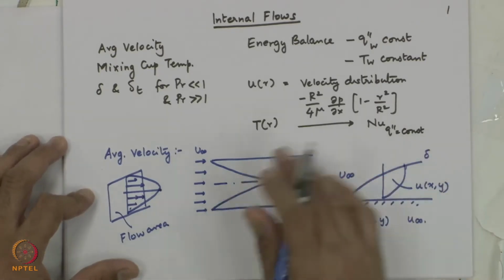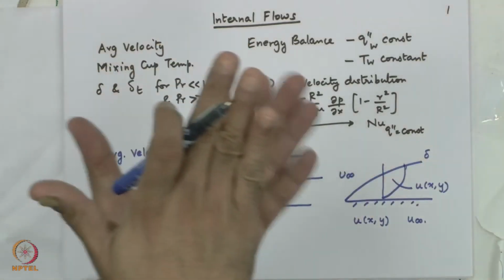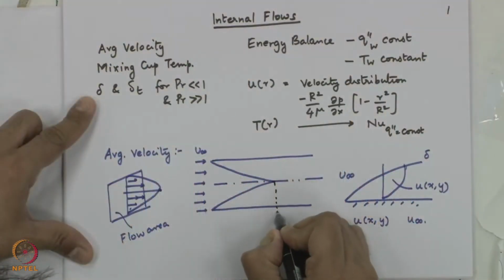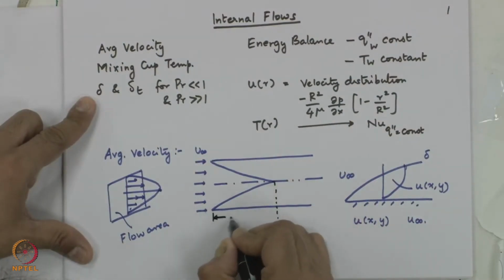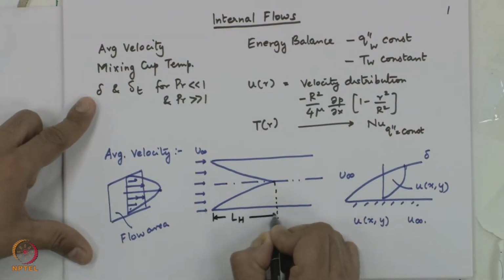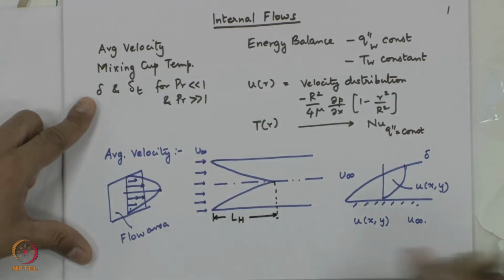It could be a single plane. So, it could be two sheets of paper, two walls which are going to be like this. So, the boundary layer will develop in 2 dimensions. It could be a circular pipe where the boundary layer is going to develop in 3 dimensions and flow inward from all sides and merge at some point. That point where the boundary layer merges, we call it the hydrodynamic entrance length or entry length. This is the hydrodynamic entry length.